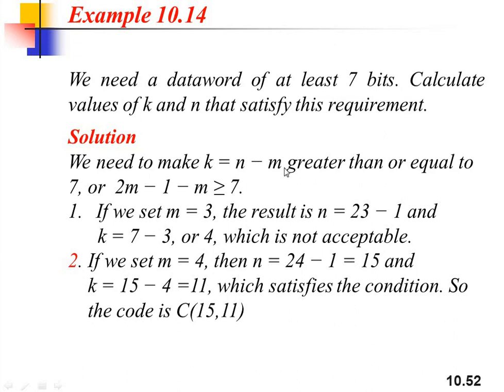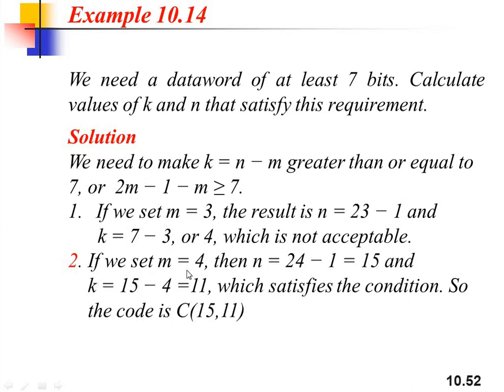So k is equal to n minus m, greater than or equal to 7, or 2^m minus 1 minus m should be greater than or equal to 7. Now if we set m equal to 3, the result is n equal to 2^3 minus 1 and k is equal to 7 minus 3, or 4, which is not acceptable.